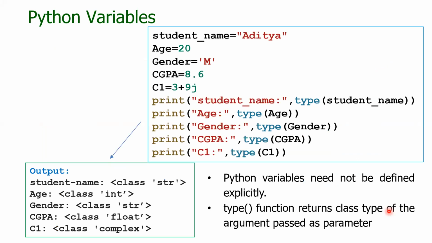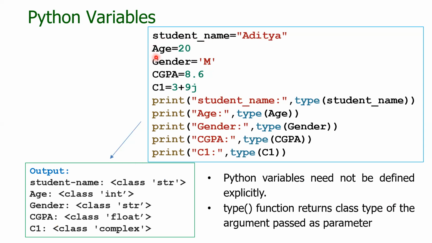Python variables need not be defined explicitly. If you are familiar with any other programming language like C or C++, there we have to declare the variables before using those variables. Whereas in Python, there is no such explicit declaration required. Let us observe this piece of code. Here, the variable student underscore name is assigned with the value, which is a string, that is Aditya.